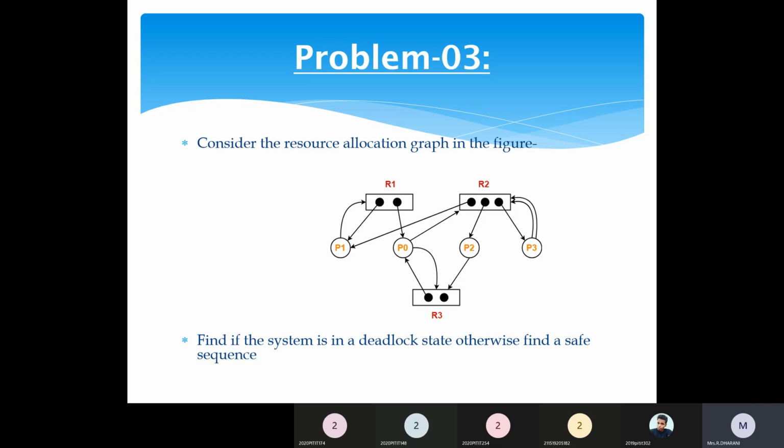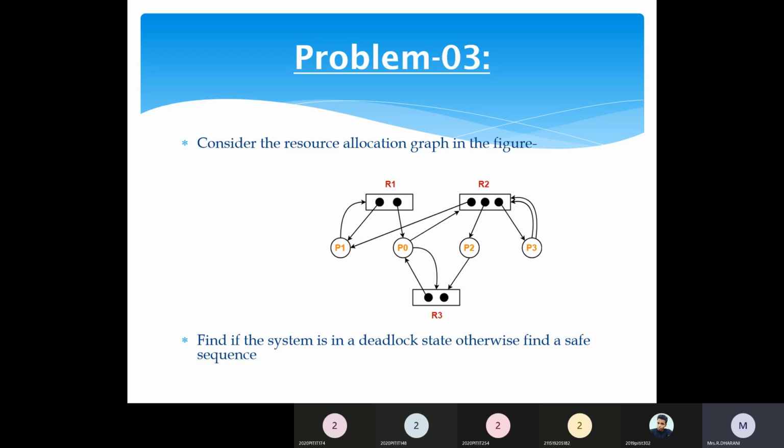P2 is also requesting an instance of R3. For R1, one instance is given to P0 and the other to P1, but P1 is still in need of R1. For R2, one instance is given to P1, another to P2, and the other to P3, but P3 is still in need of R2.